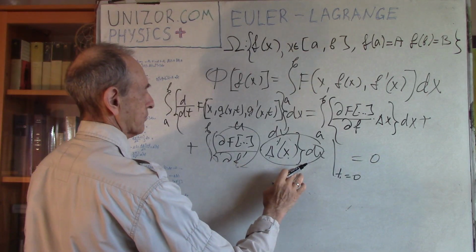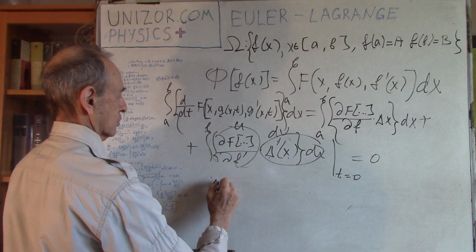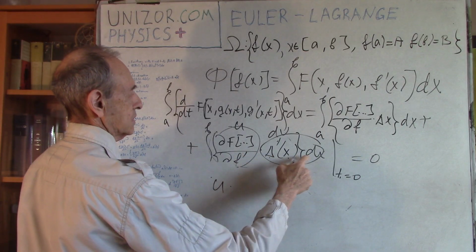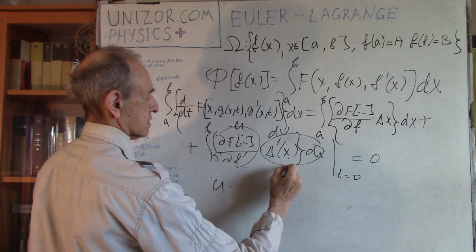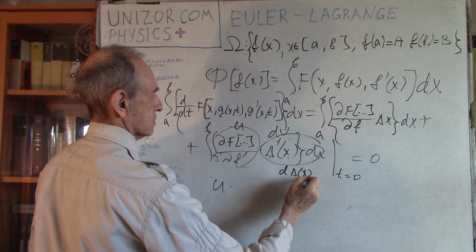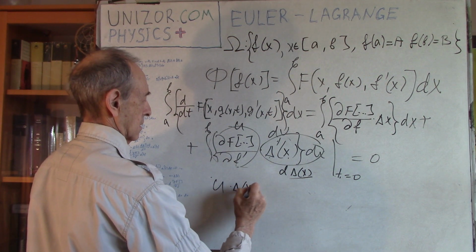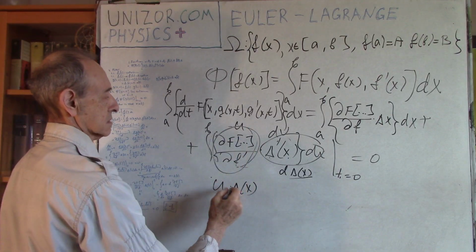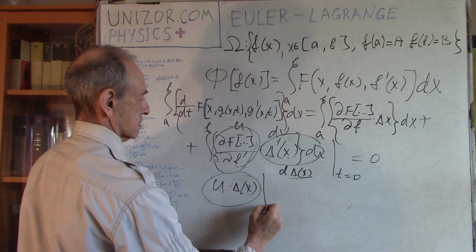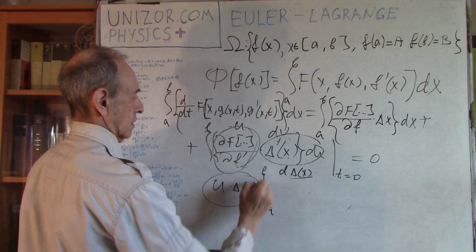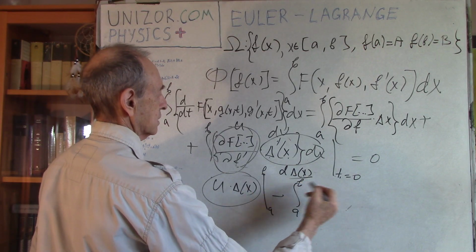So uv would be whatever this function u times v would be. Now, if this is g delta of x, right? So v is equal to delta of x. Now u is this piece, and this is my v. So it's uv from a to b minus integral from a to b of v du.